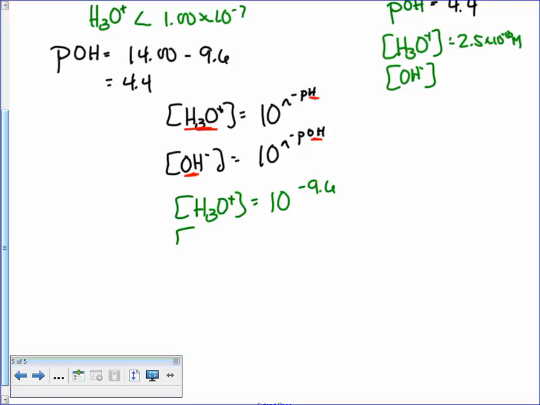And then the hydroxide concentration, 10 raised to the negative 4.4, the pOH. And that gives us 3.98 times 10 to the negative 5 molar.